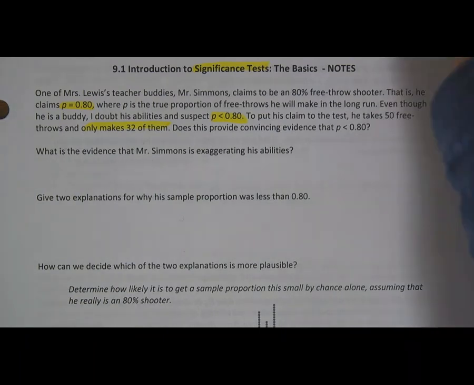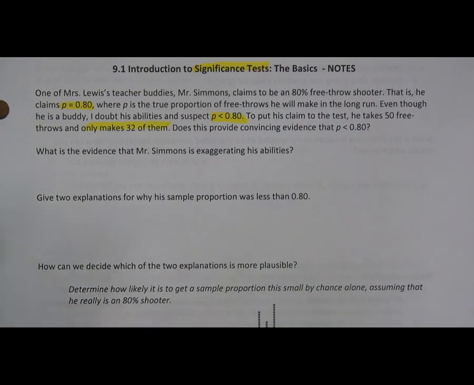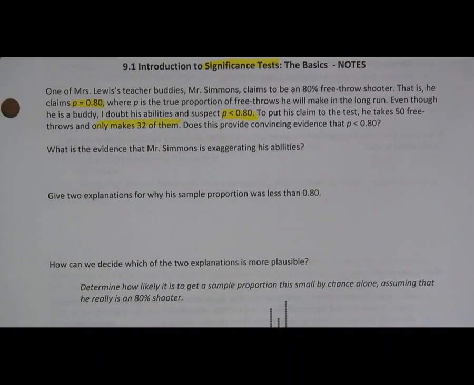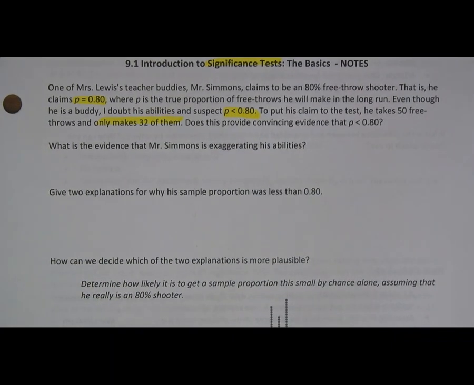So let's pick this apart a little bit. You start by looking at, do I have any evidence at all that he might be exaggerating his abilities? What is the little piece of evidence that we do have that he may not actually be that good? What did he do right in front of me?